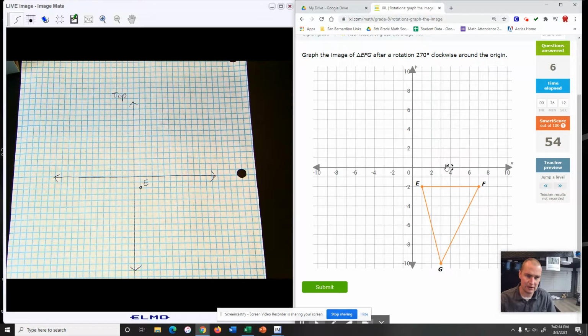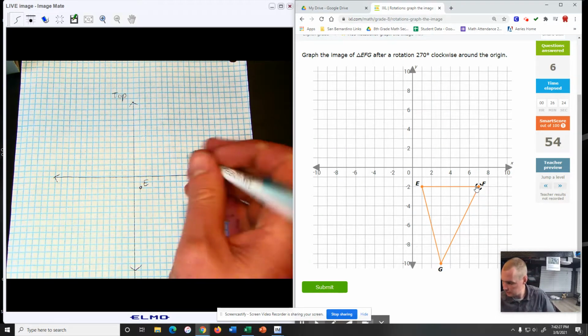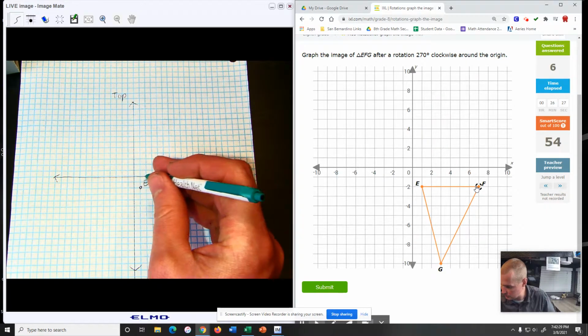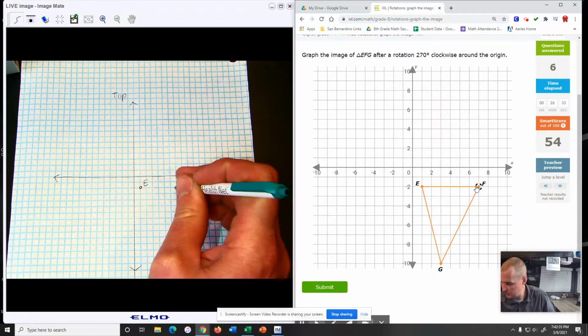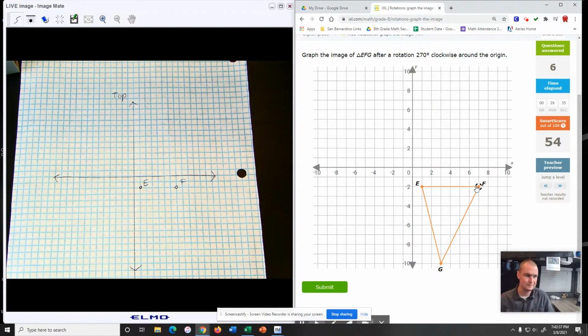In order to get to F, it looks like to the right, 1, 2, 3, 4, 5, 6, 7, because 6 and 8 is 7 in between, and down 2. So to the right 7, and down 2. So graph paper, to the right 7, 1, 2, 3, 4, 5, 6, and 7. Down 2, down 1, down 2. There is F right there.